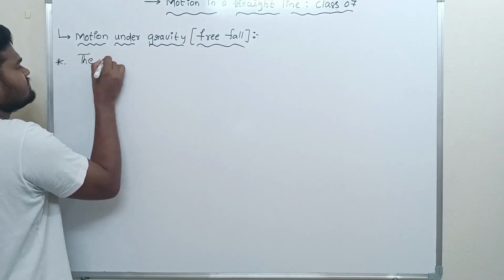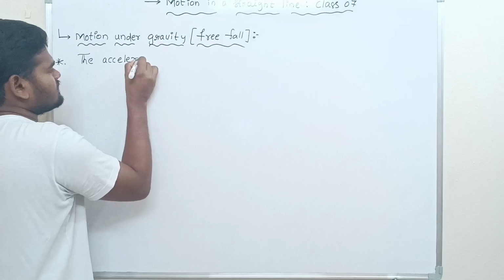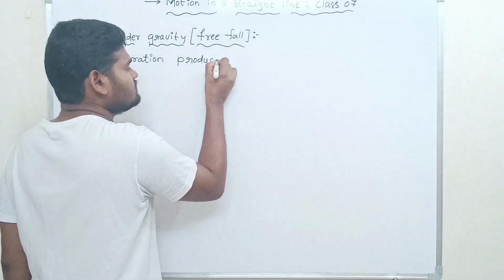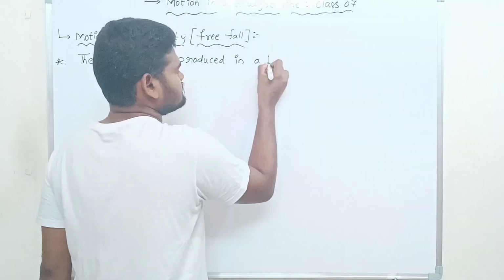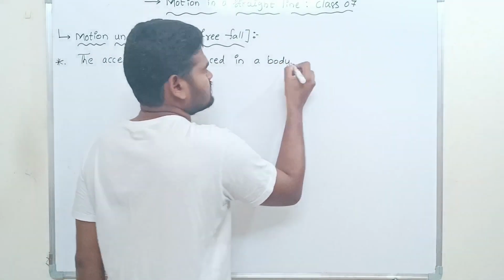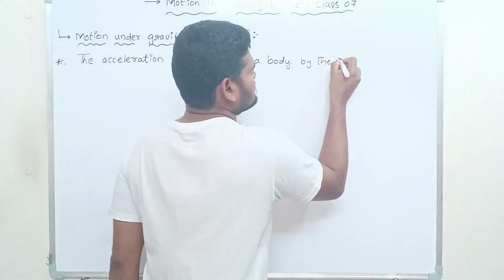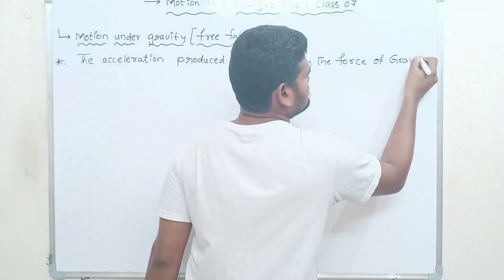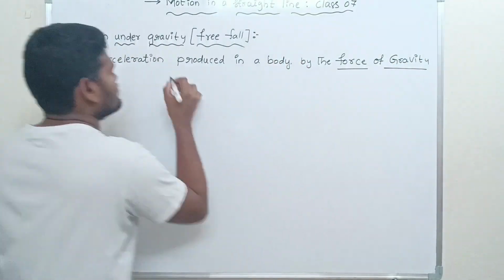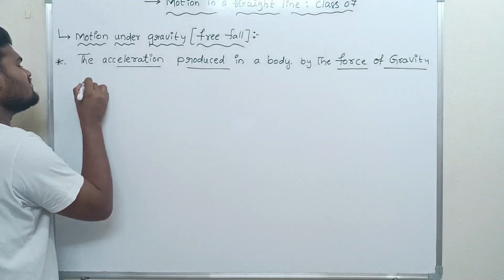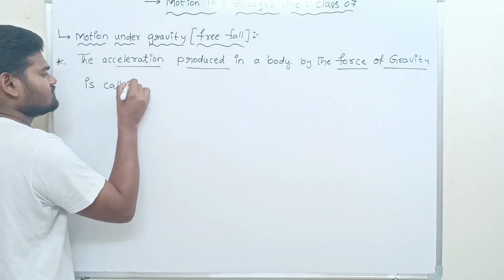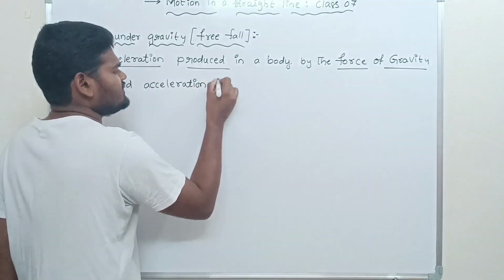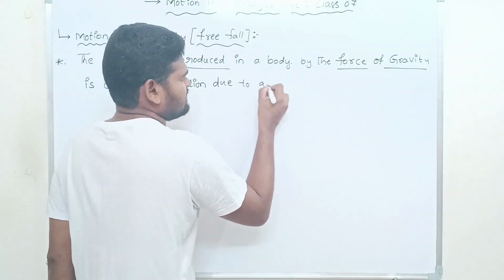The acceleration produced in a body by the force of gravity is called acceleration due to gravity.